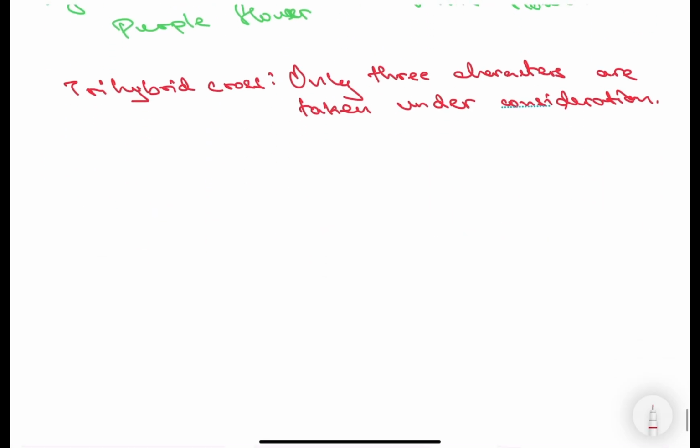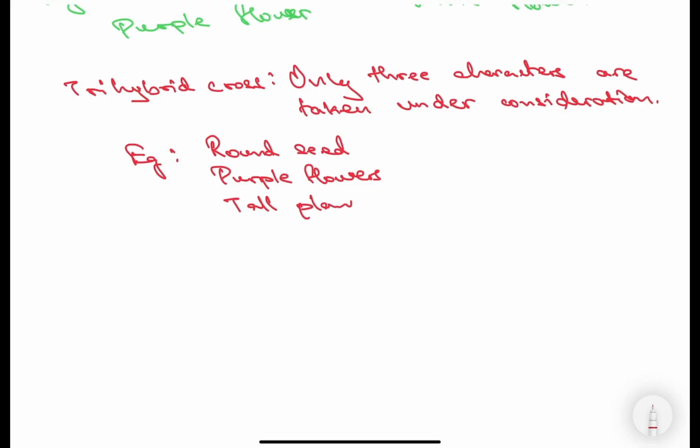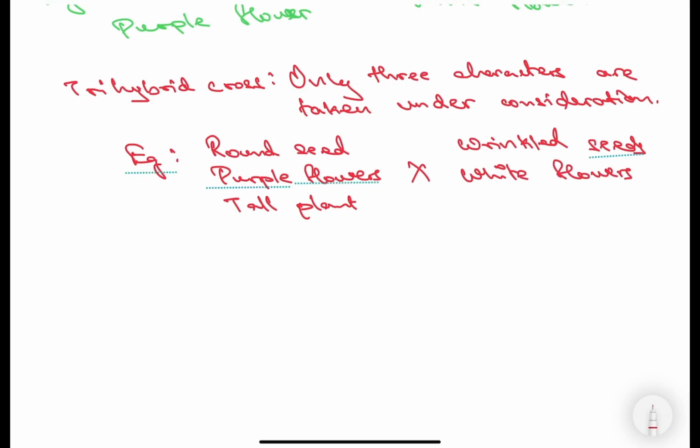For example, a plant bearing round seeds, purple flowers, and tall is crossed with a plant bearing wrinkled seeds, white flowers, and dwarf.